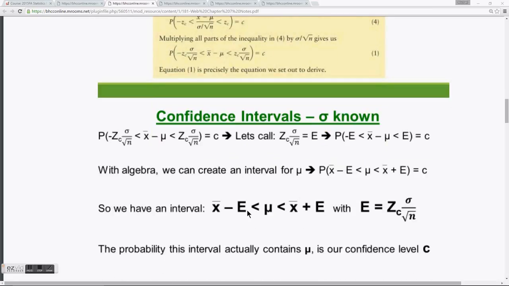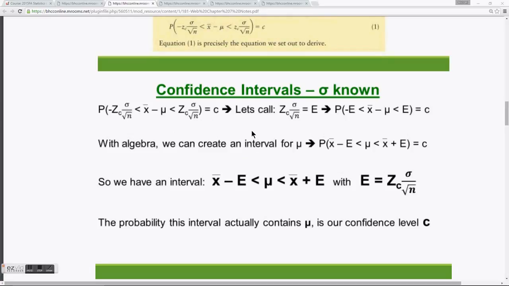Going one step further, what we can actually do is create an equation or an interval for the population mean itself. So what happens is that I'm able to create a range of values for the population mean based solely on what our sample mean was, and also the factors of the margin of error, which include the critical values, the standard deviation, and the sample size.